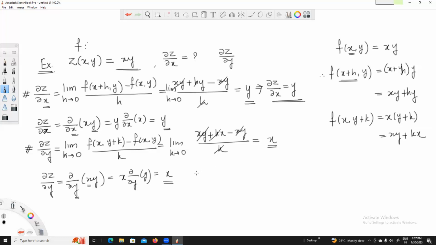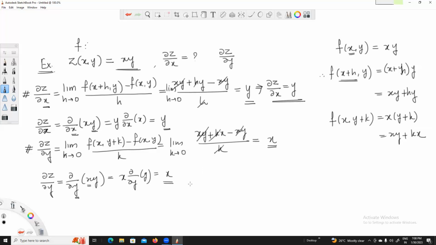So in this example, I have shown you both approaches, but as we go into detail, we'll be following the second method, in which we'll directly differentiate with respect to a particular independent variable. And while doing that, we'll consider other independent variables to be constant.